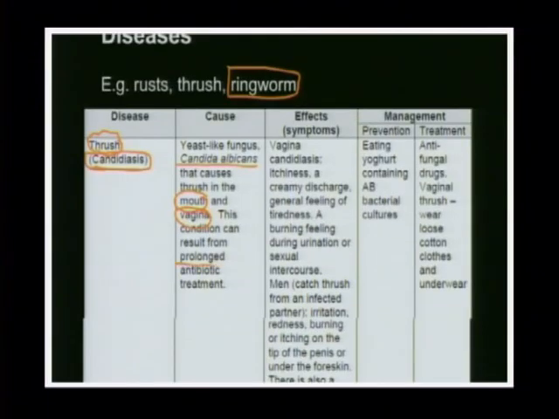Why might you get thrush? The most common cause is being on antibiotic treatment for a long time. There are natural populations of Candida living in the vagina and in the mouth. Specifically in the vagina, however, there is also a population of bacteria, and the fungal population and the bacterial population keep each other in check.